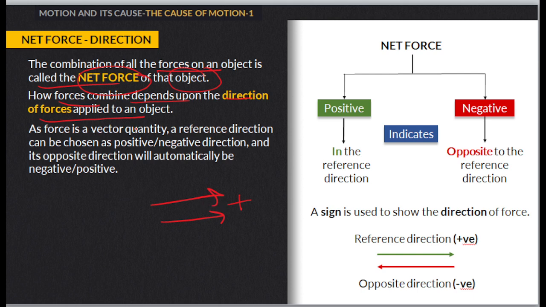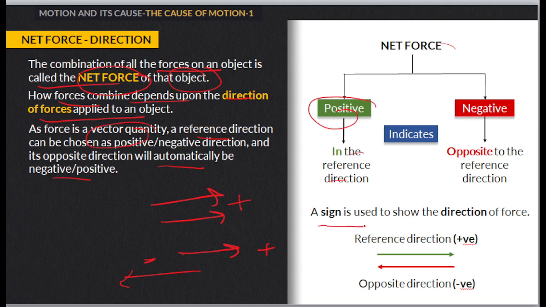But as force is a vector quantity, we have to consider the direction as well. A reference direction can be chosen as positive, and its opposite direction will automatically be negative. For example, if we choose this direction as positive, the forces in the opposite direction we will take as negative.